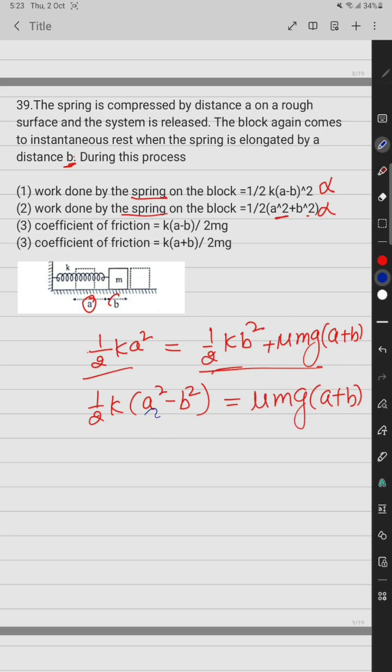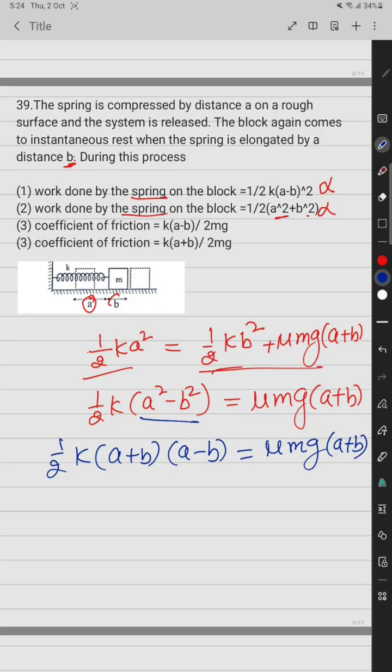Factor a minus b, so it is half of k, factor is a plus b and a minus b, and that is equal to mu mg multiplied by a plus b. Cancel a plus b, then the value of mu is equal to k multiplied by a minus b divided by 2 mg, and the coefficient of friction is k a minus b divided by 2 mg. So the correct option is the third one.